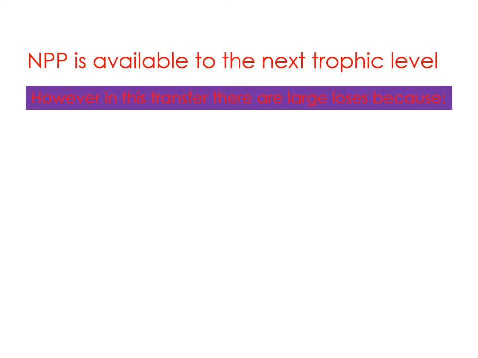And remember, this is because of all the energy trapped in the glucose, some has been used in respiration by the plant, and what we've got left in the biomass of the plant is our net primary production. But not all of that energy will transfer to our herbivore's biomass. There are a large number of losses in this trophic level transfer.